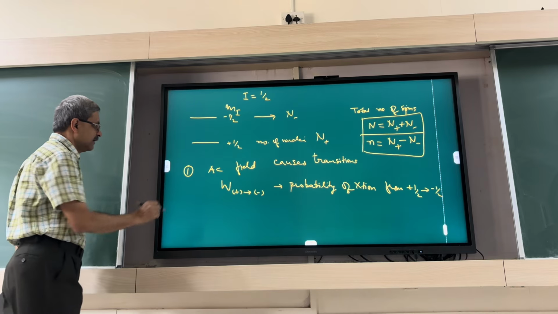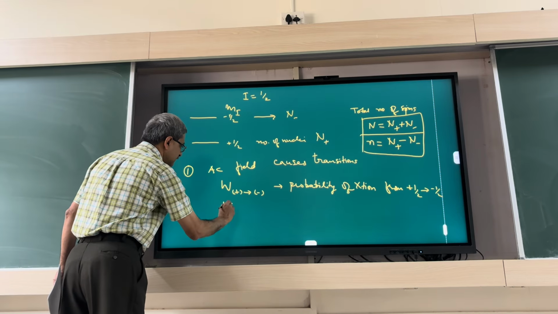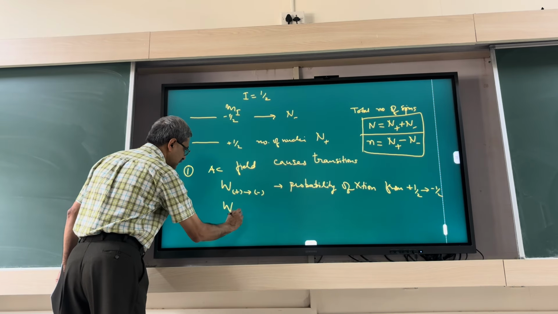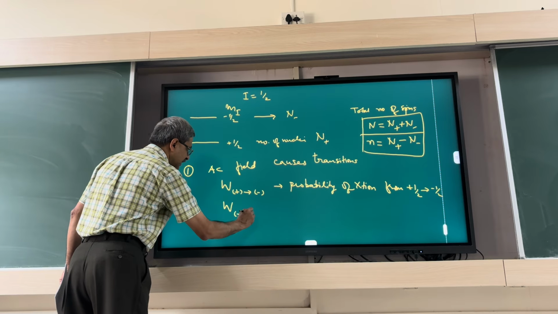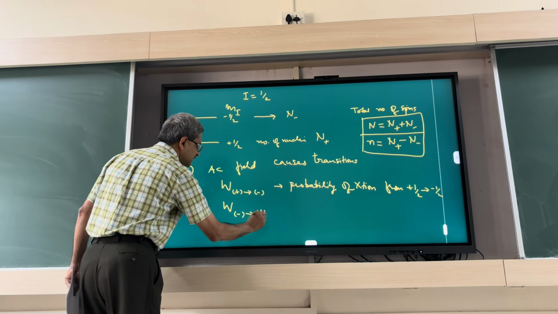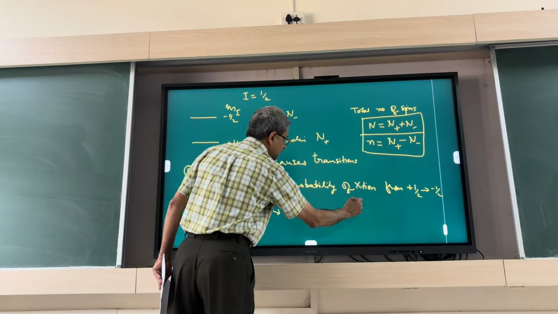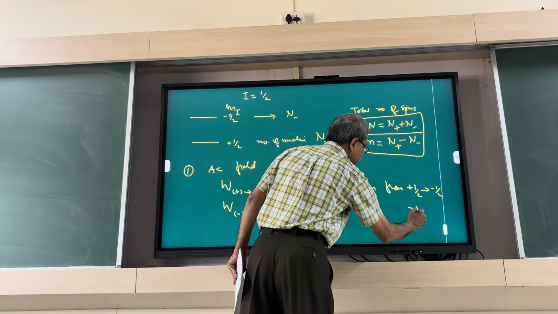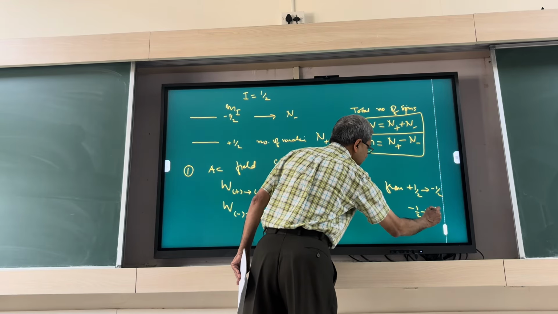And likewise, one can define the opposite one also, W minus to plus, and that's again the probability of transition from minus half to plus half.